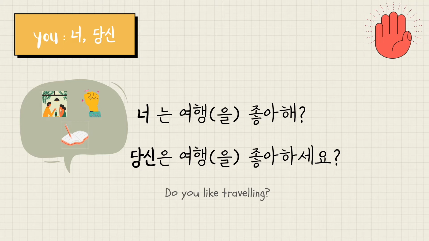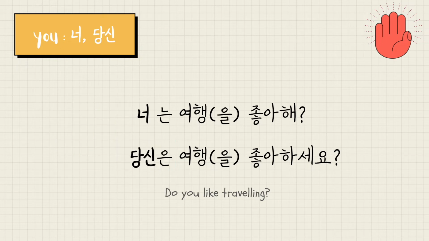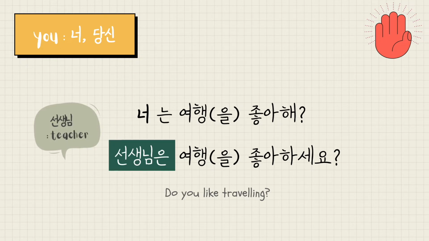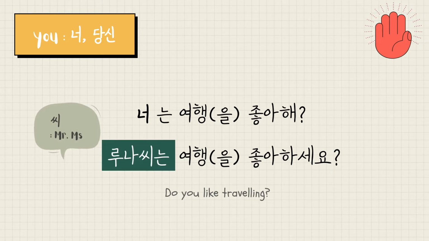Then, what's the alternatives? You should use family names, social status, or names instead. For example, 엄마는 여행 좋아하세요? 선생님은 여행 좋아하세요? 루나 씨는 여행 좋아하세요?